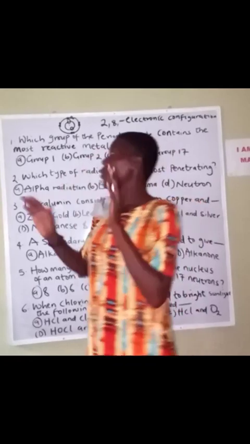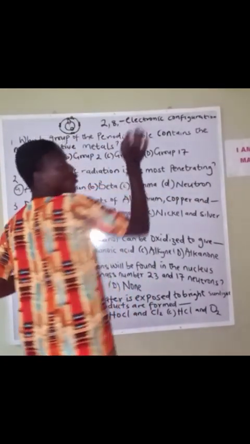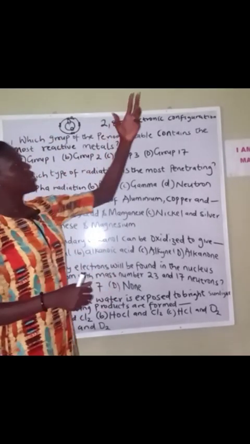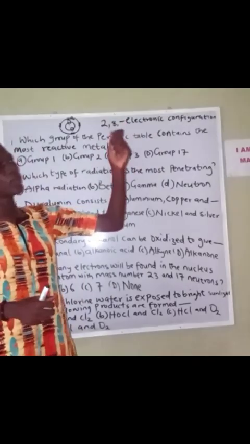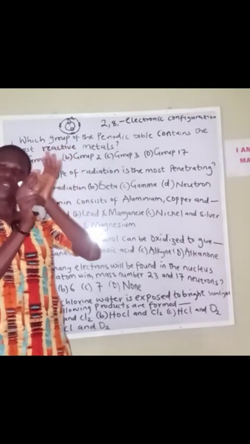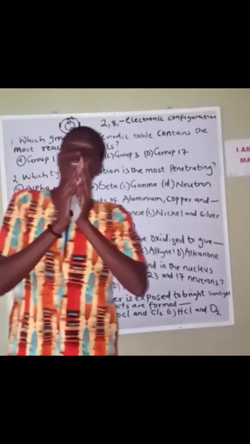That's 10, right? And what do we have on the board? We have 2 and 8. When you add 2 and 8, it gives 10, right? So this element is neon, 10 in number.